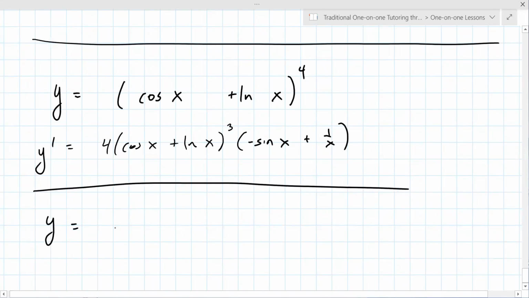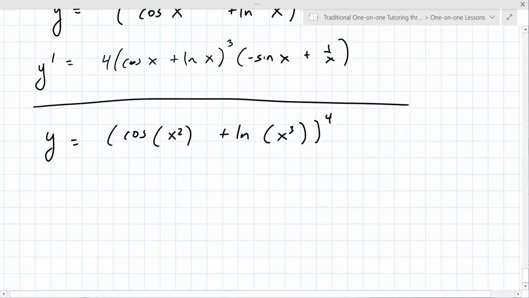Let's say I make this the following. I say it's the cosine of x squared plus the natural log of x cubed, all to the 4th power. So the derivative is, you first start with this 4. So it's 4, and then you keep the same thing.